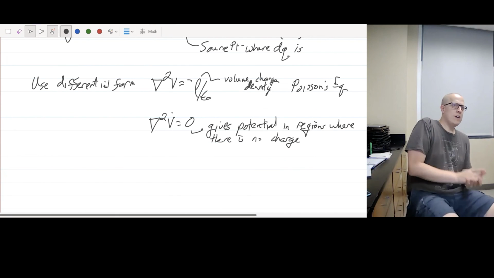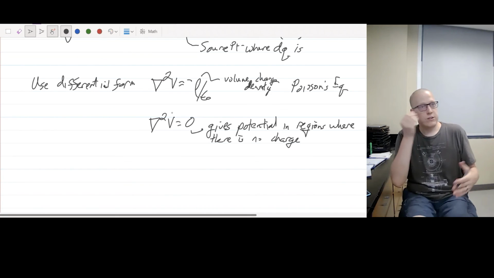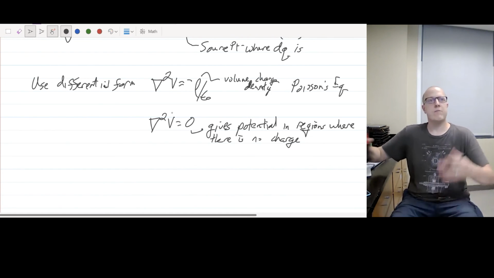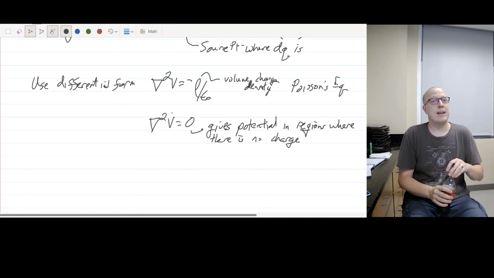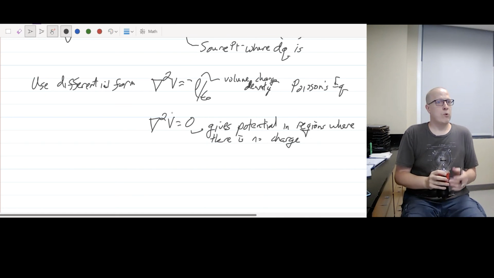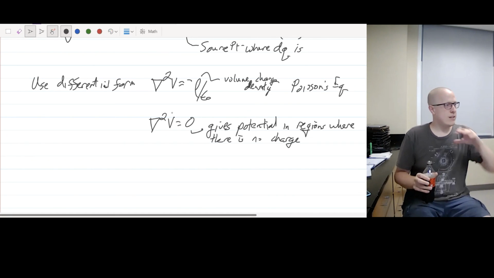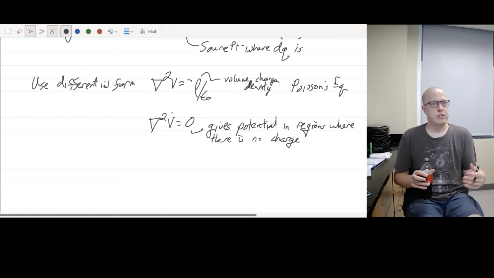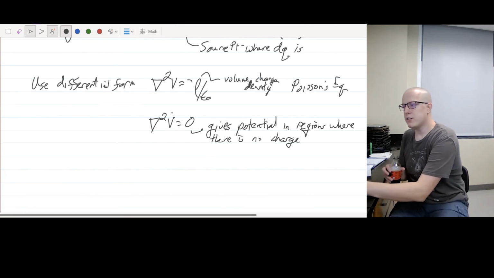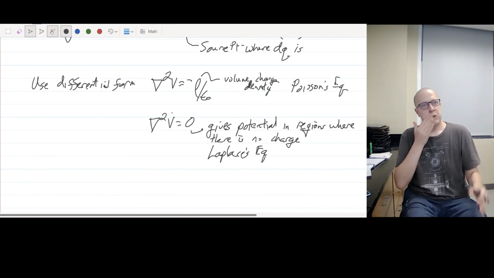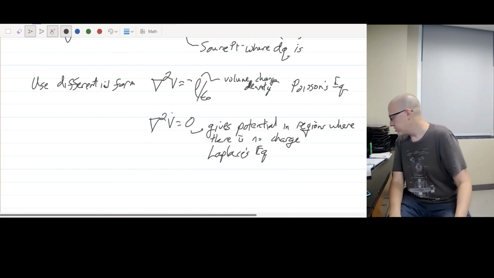And so if you think about it, if I have a point charge, I need to use Poisson's equation right around the point charge, but everywhere else there is not any charge. And so what we're going to find is that if I know the potential at certain points and there's no charges inside this region, then this other equation called Laplace's equation is going to be more useful. So Laplace applies everywhere. We use Poisson if there's specifically a charge at that spot.